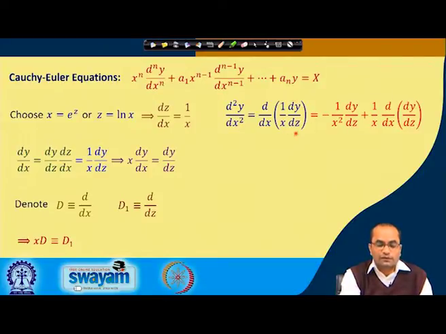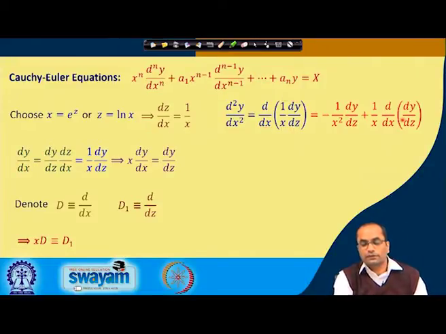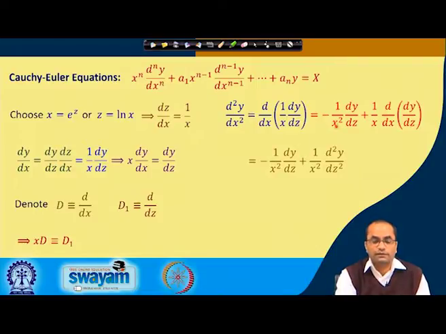Now, we will differentiate this dy over dz with respect to x. So, that will give d over dx of dy over dz. So, this operation here will be minus 1 over x square dy over dz, and 1 over x as it is.